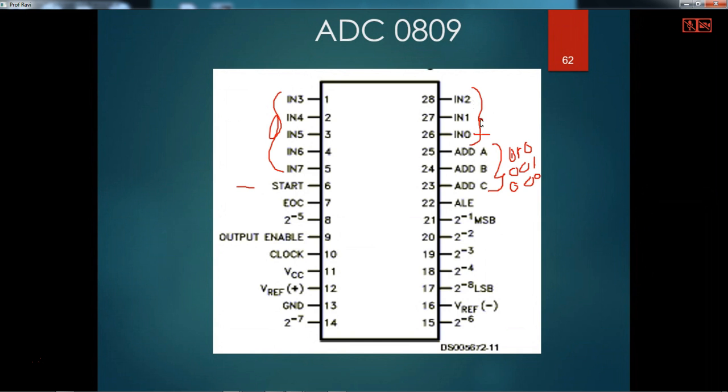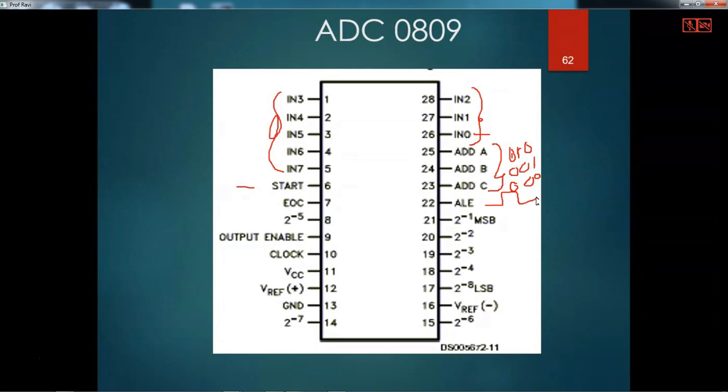So the first step is to know which pin your analog input is connected to. The second step is selection, which can be done by using the select lines ABC, so you have to decide which signal needs to be sent on them. The third step is that these signals have to enter the ADC IC, so you give an ALE pulse.